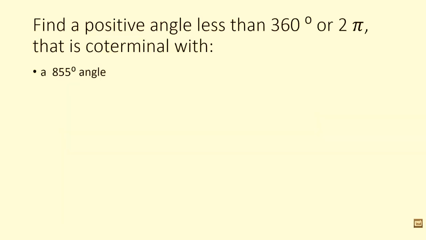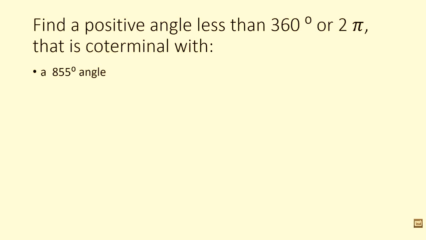To find a positive coterminal angle less than 360 degrees or 2 pi, it is sometimes necessary to add or subtract more than one multiple of 360 degrees or more than one multiple of 2 pi in order to obtain a positive angle less than 360 degrees. All right, let's look at an example.